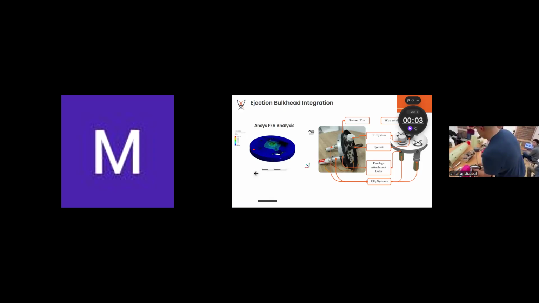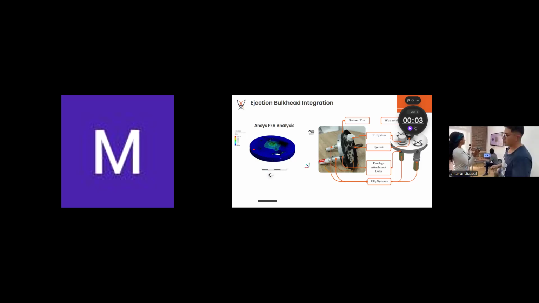As I explained before, with the forces we calculated related to the opening forces of the parachute and the shock force during ejection, we did all these analyses using ANSYS. As you can see on the screen, we have a safety factor of, if I'm not wrong, 2.2 for these forces.